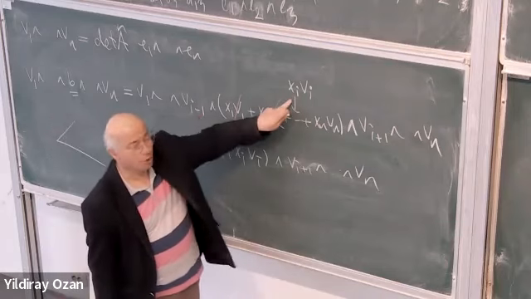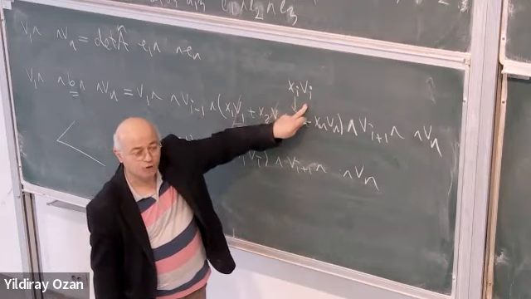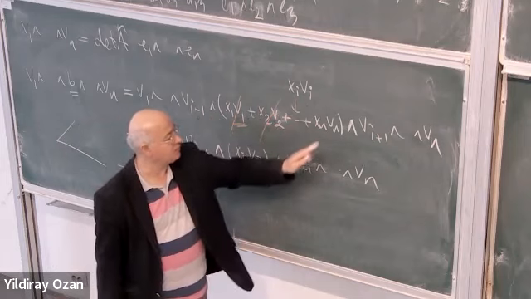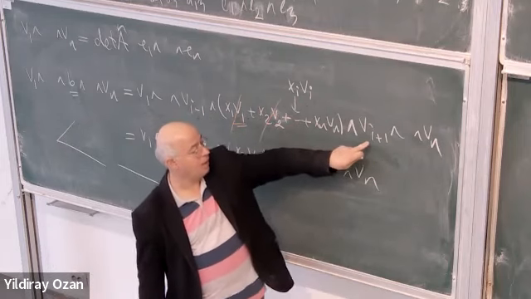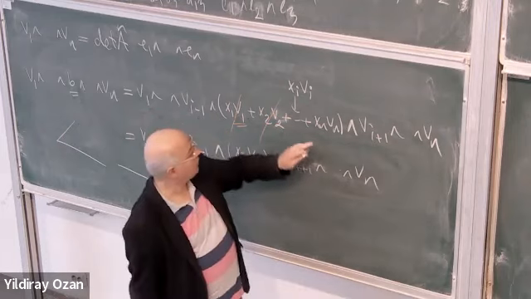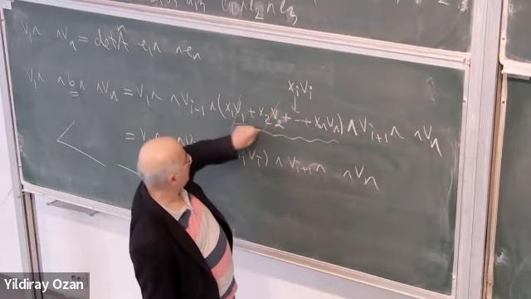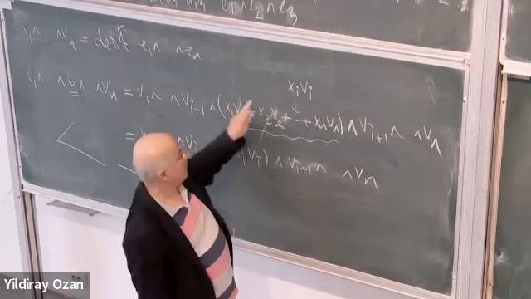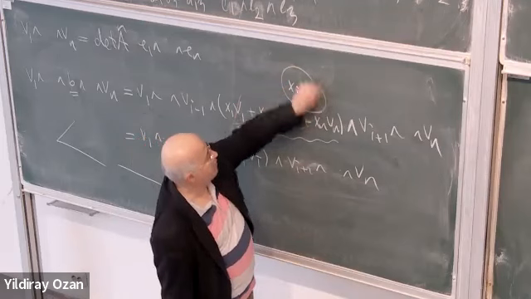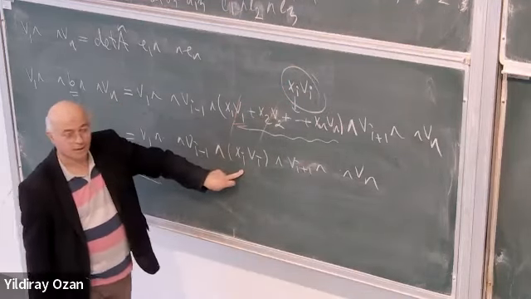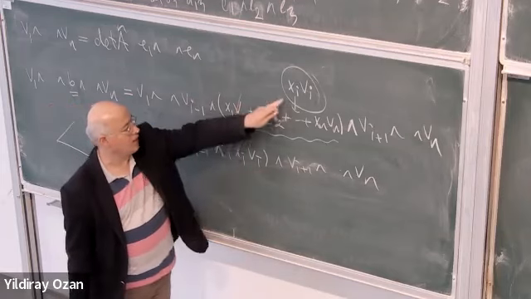So this ith term, xi Vi, will survive, but anything before that will vanish. And anything after that will vanish because I have i plus 1 up to n. So the only term that will survive among this expression is the ith term. Therefore, this thing is equal to this thing. I erase all of the terms except this one.